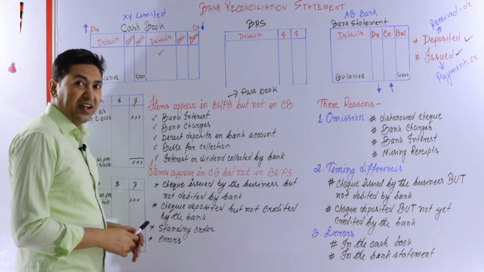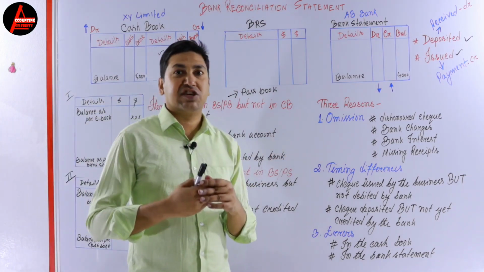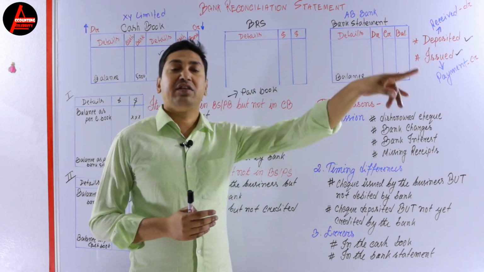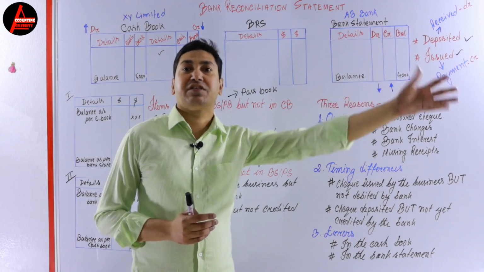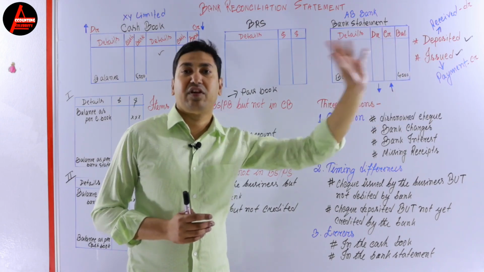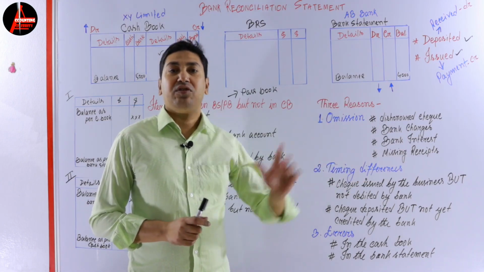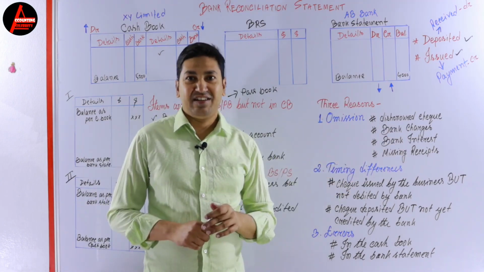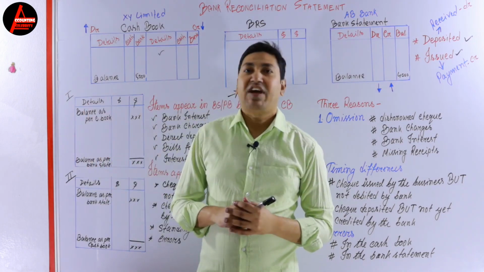Okay. So then what? Standing orders. Okay, what are standing orders? Like you give the instruction to the bank that on that day you will pay this money to that company, that businessman, that charity fund, for that purpose. The bank will do however you instructed. But the accountant of the business did not record that one.